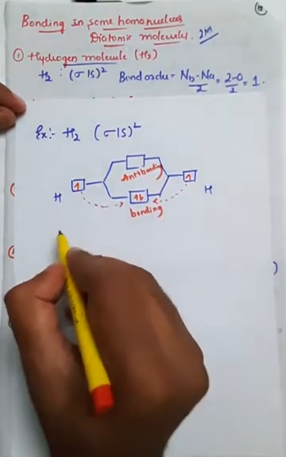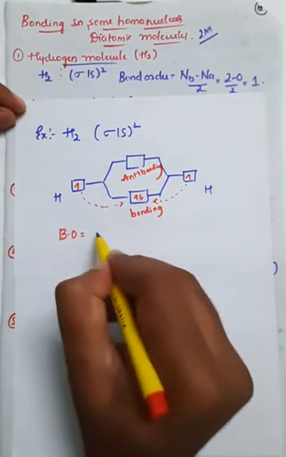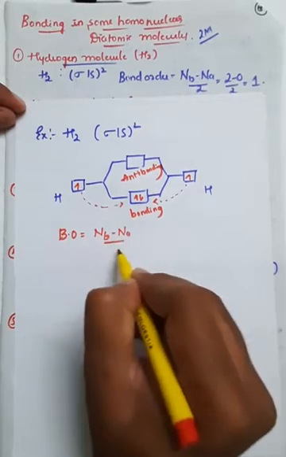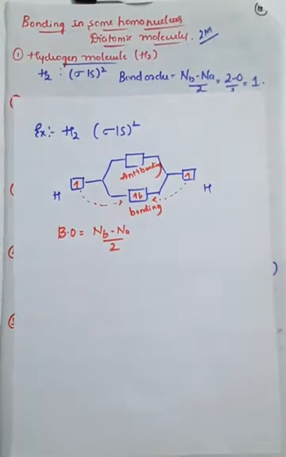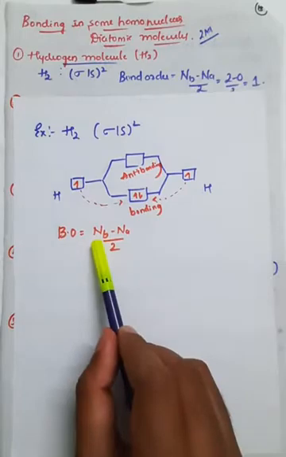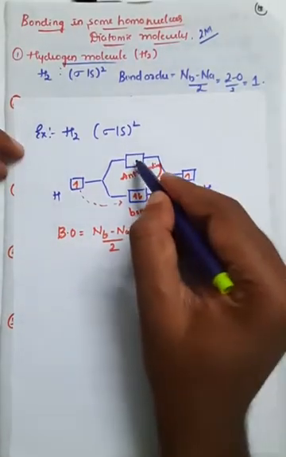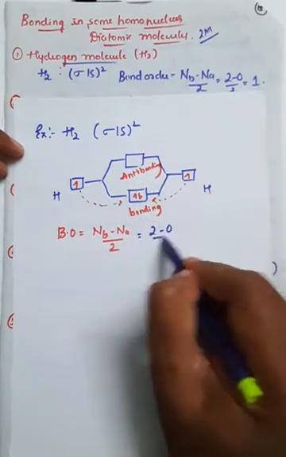We know the formula for the calculation of bond order is equal to the number of electrons in bonding minus the number of electrons in antibonding, divided by 2. Whenever you substitute this value, the number of electrons in bonding is 2, so that is 2 minus antibonding, which is 0, divided by 2.